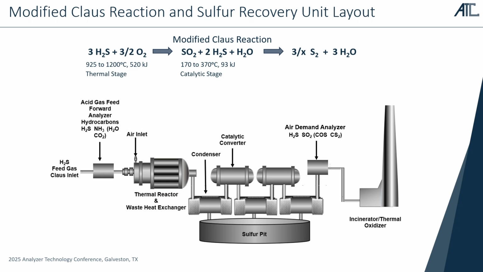The downside to all of this is that there are potentially other reactants that can come into play. If you have any hydrocarbons whatsoever coming into the plant, they will preferentially react with the air coming in. And as a result, you're going to go off ratio. As long as you're maintaining that optimal ratio, you're going to maximize your recovery efficiency.